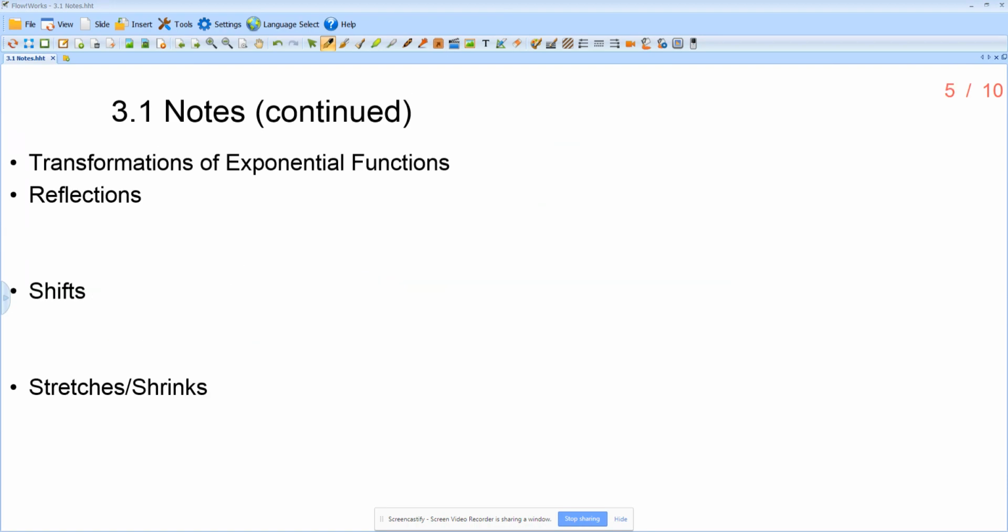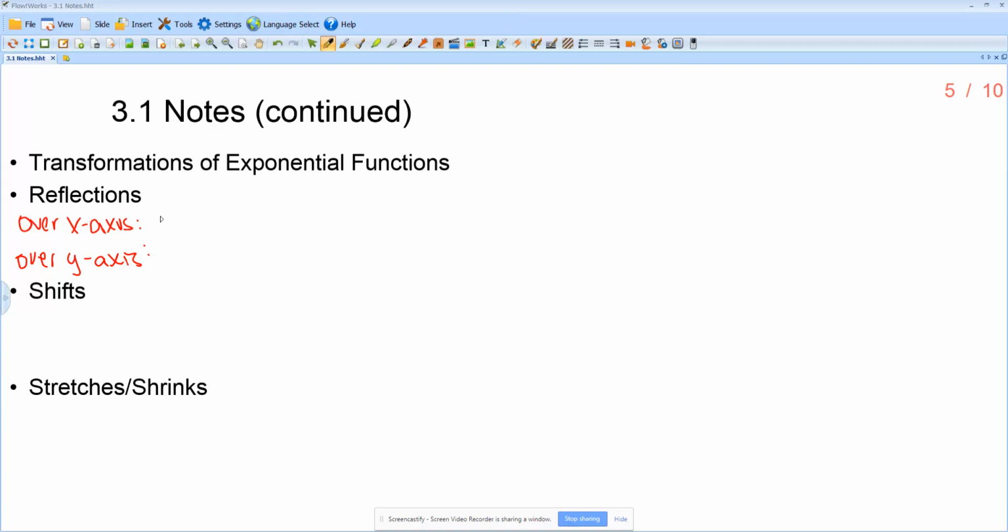All right, moving along to transformations. Reflections: we have reflections over the x-axis and over the y-axis.